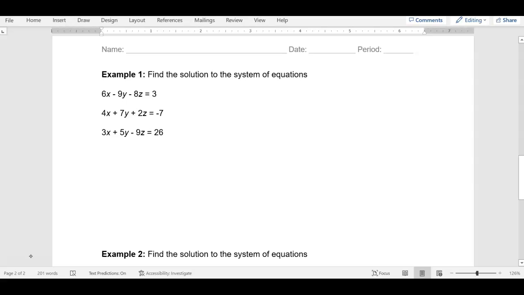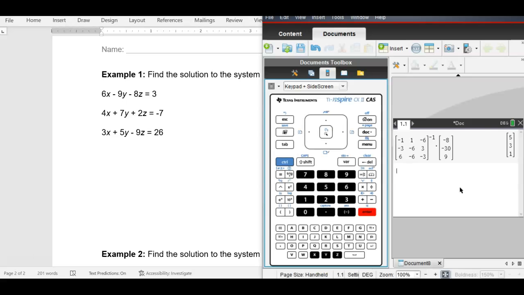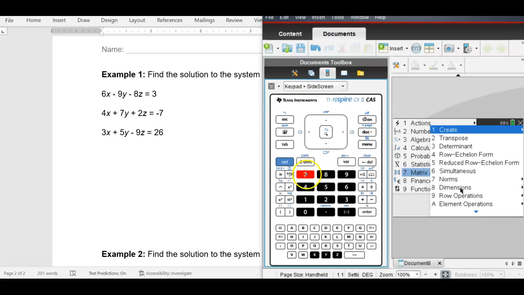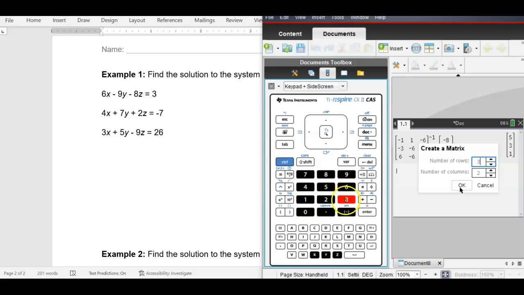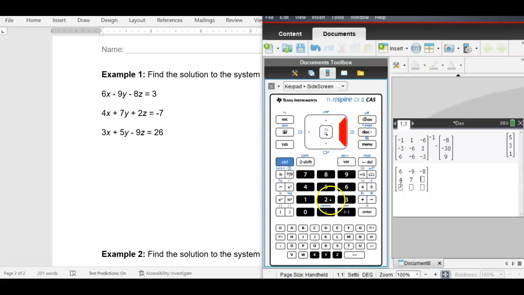I'm going to let y'all work on these examples, and we'll talk about them in a minute. All right, I'm going to do this kind of quickly because we're running out of time. So menu 711, make it a 3 tab 3. That's a 6, negative 9, negative 8, 4, 7, 2, 3, 5, negative 9.